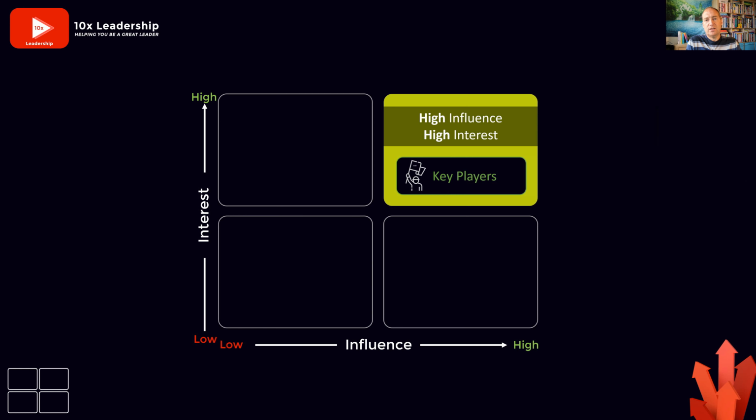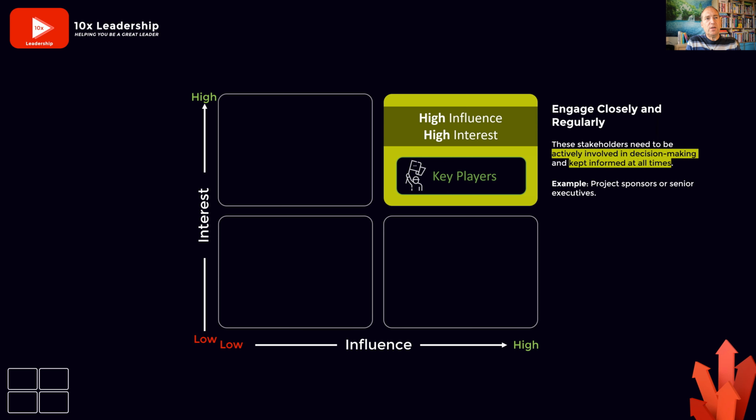They really want you to succeed, but they're also really interested in what you're doing, and they are really influential. And because of that, they are people that you need to engage closely and regularly. So these are your key players that you really need to treat well.